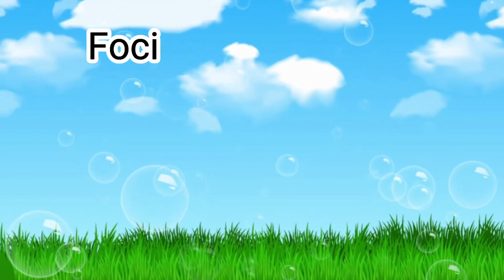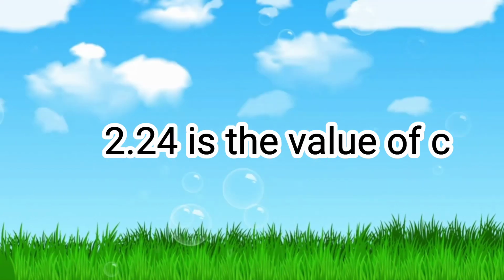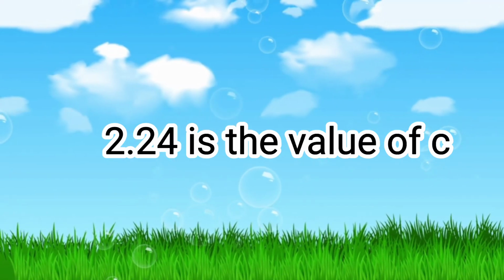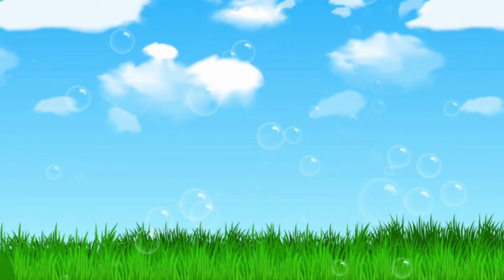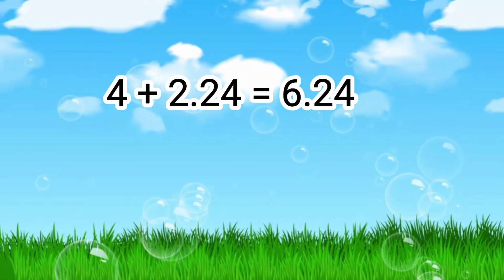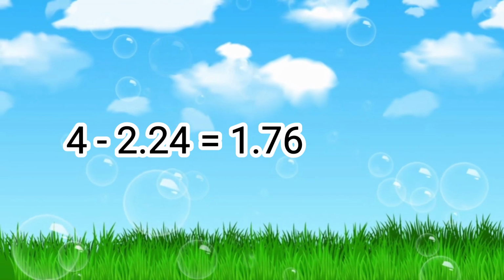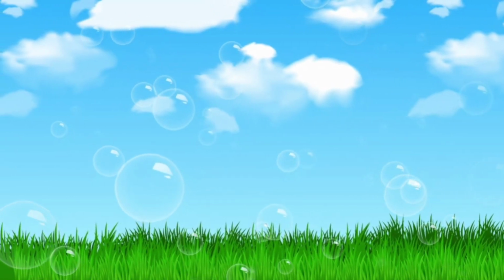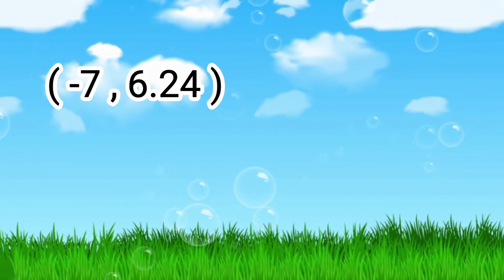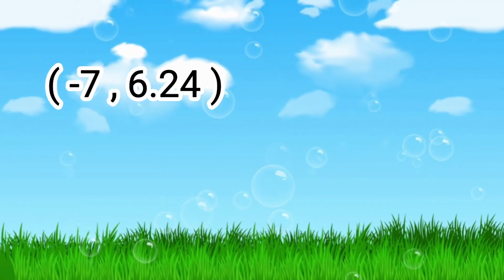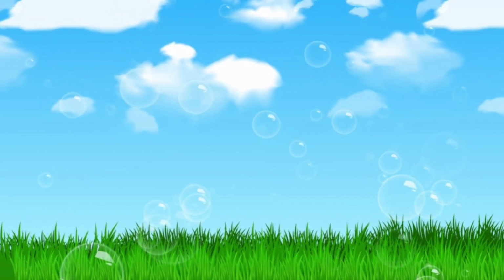To determine the foci, we need to add and subtract 2.24 to our y, which is 4. So 4 plus 2.24 equals 6.24 and 4 minus 2.24 equals 1.76. So our foci will be (-7, 6.24) and (-7, 1.76).